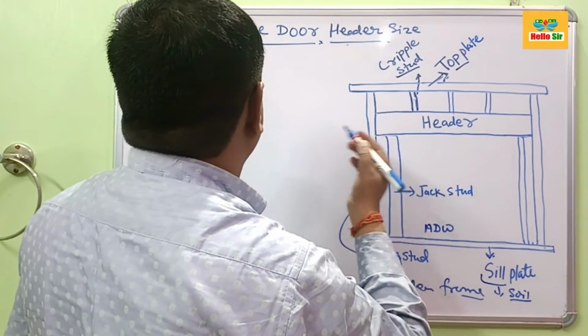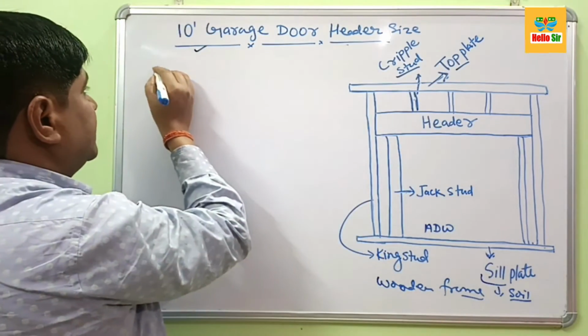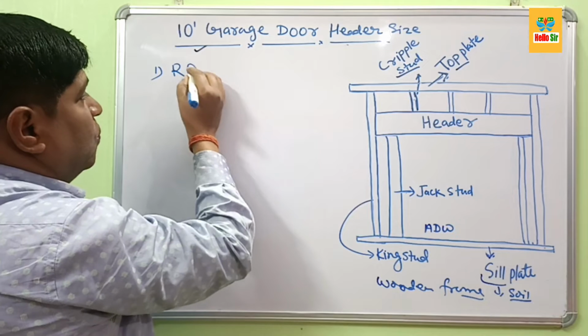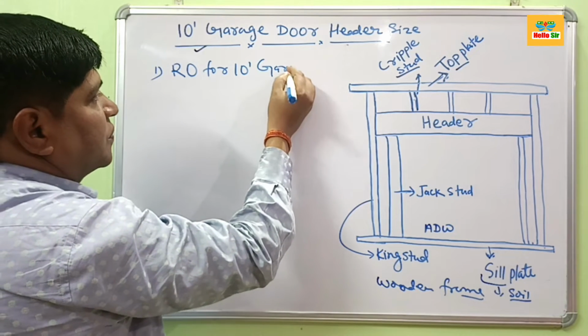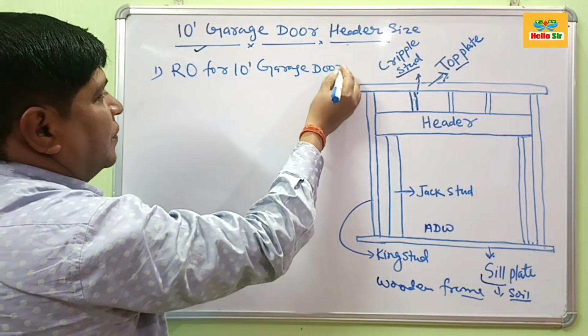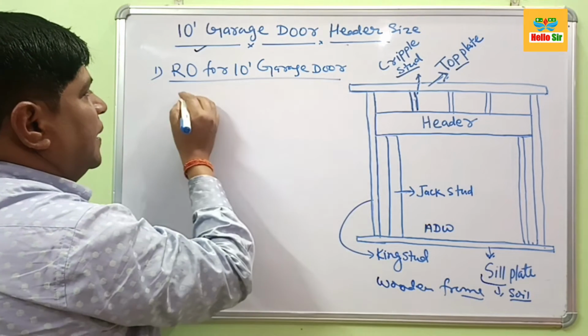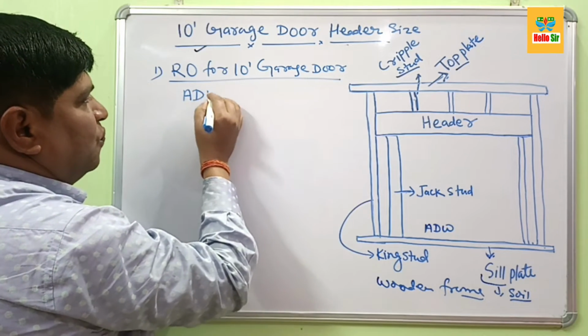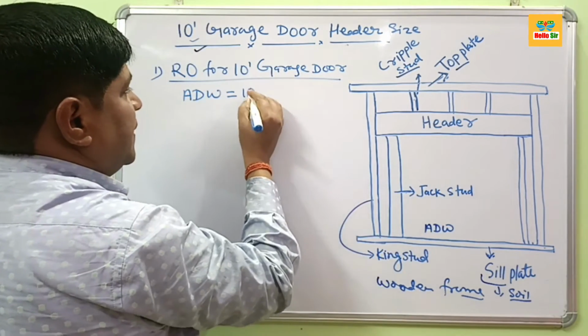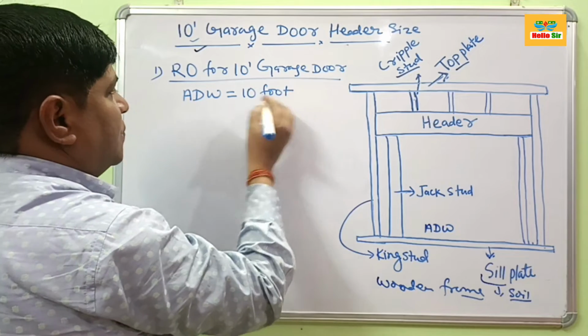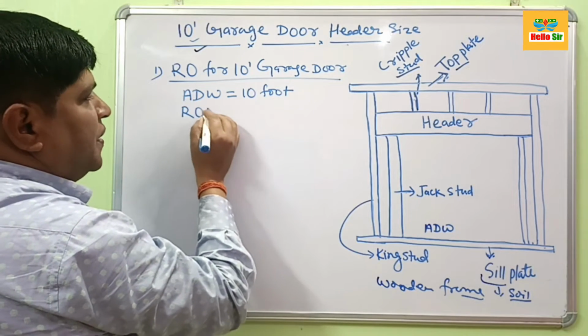And now we understand first the rough opening for a 10-foot garage door. Here the actual door width will be 10 foot. It is given, so what will be the rough opening width?